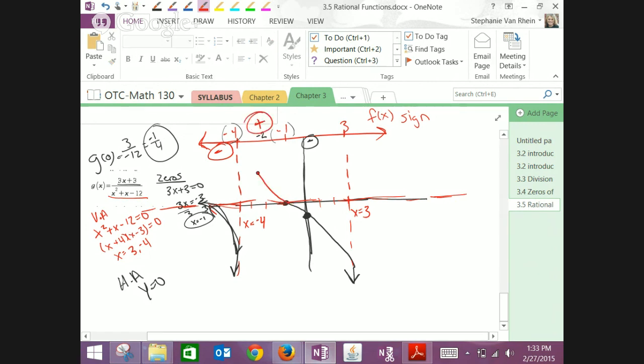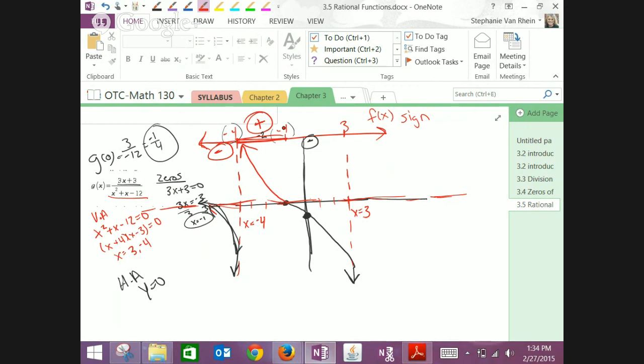So that means that because this whole region is either positive or negative, from this point, I never cross the x-axis again until I hit here. So I can pick any point in this region. I want to know, is it above the x-axis or below it? So I just picked -2 for this region.